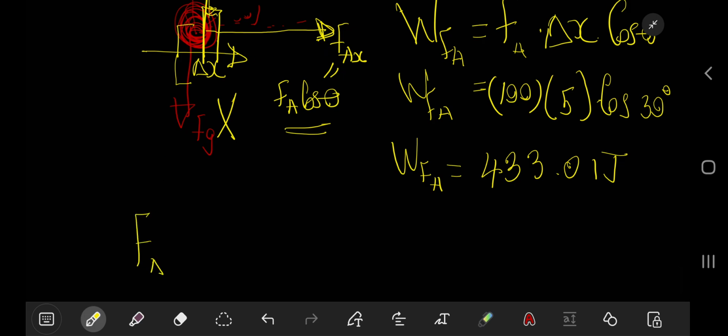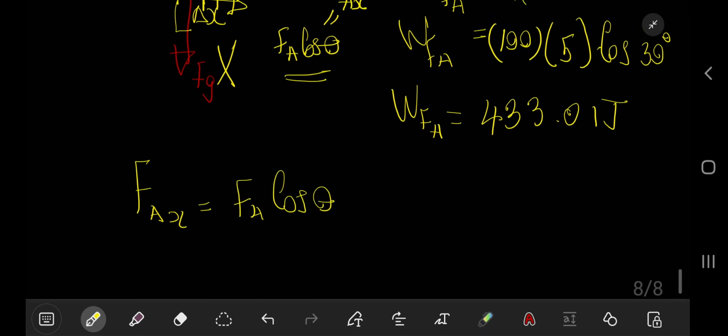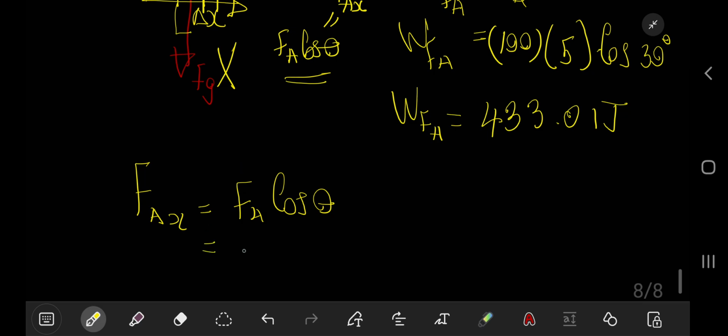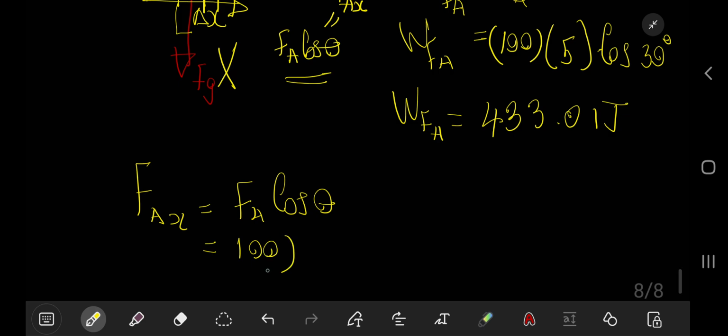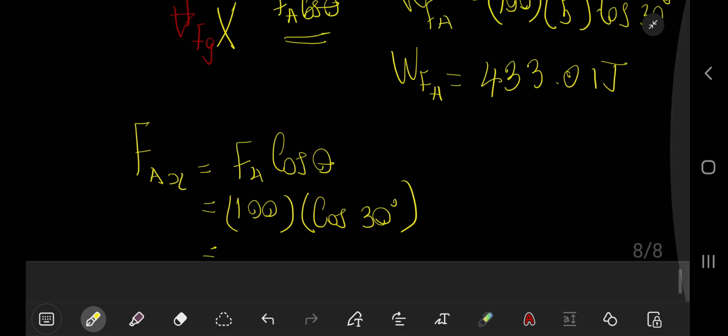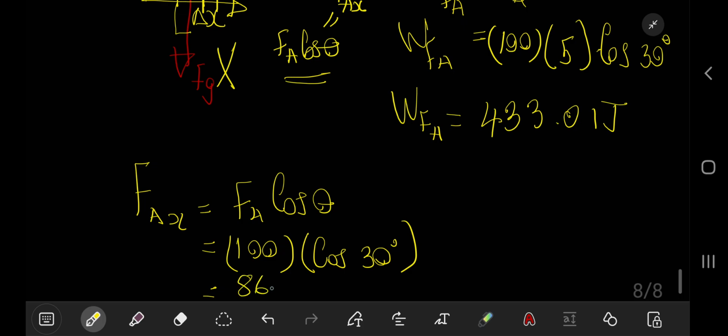You can calculate the component, which is your applied force cos theta in the x direction. So your applied force, 100 cos 30 degrees, would give you 86.60.